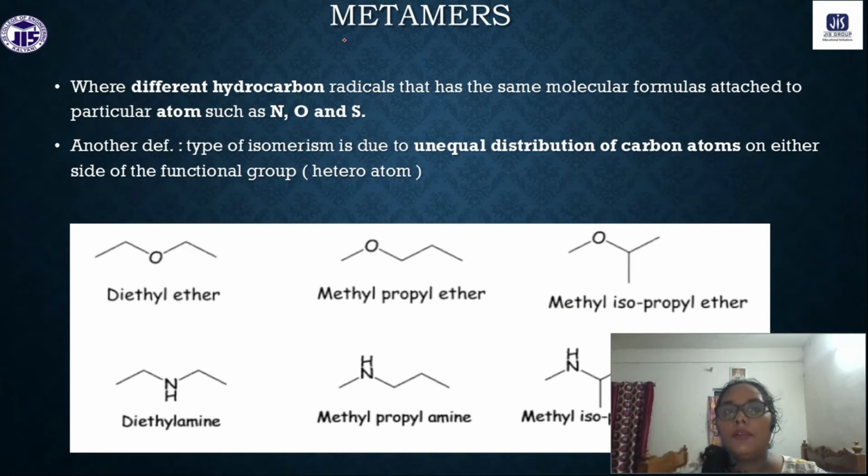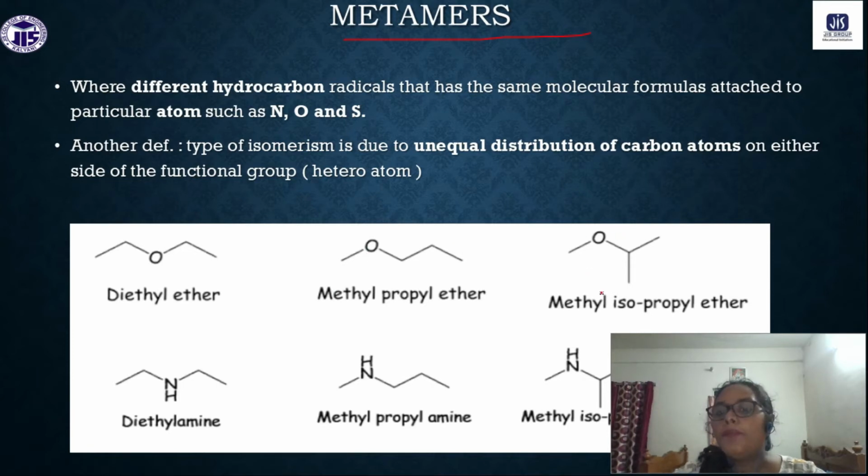Now metamers. What happens is that we have nitrogen, oxygen, or sulfur atoms in our chain, and the chain will be different. Here you can see this is diethyl ether. Here you can see the methyl group is on one side and on the other side we have the propyl ether.